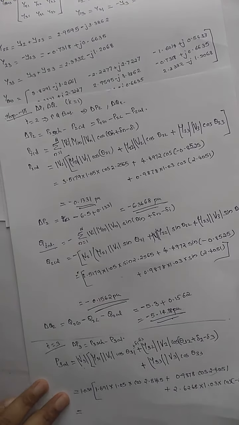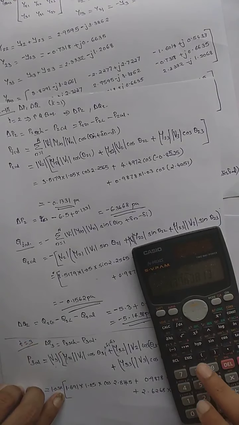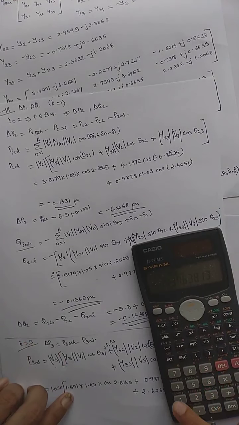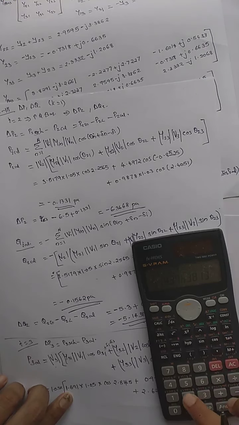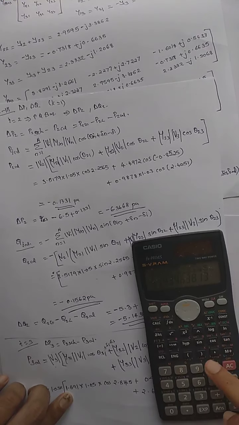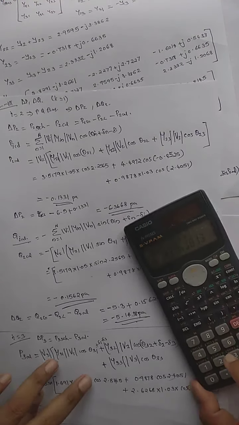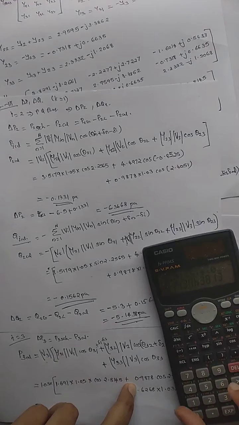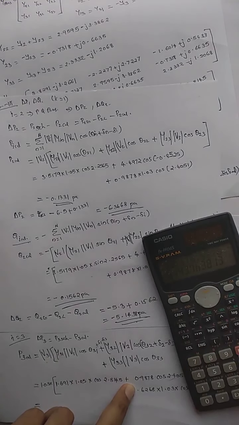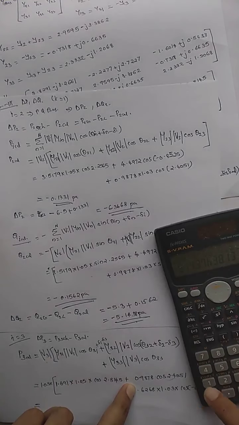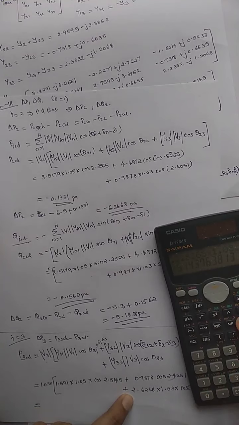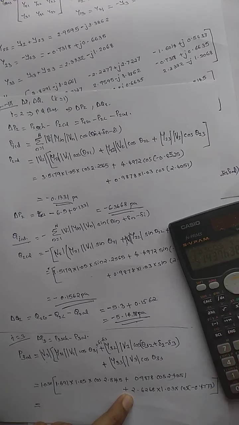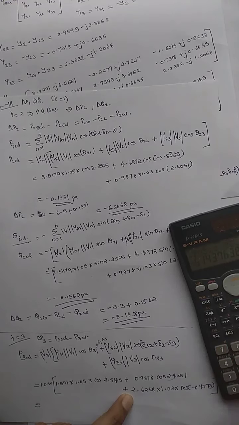So the equation is 1.691 into 1.05 cos 2.8145 plus 0.9878 cos 2.4051 plus 2.6268 into 1.03 cos minus 0.4773.